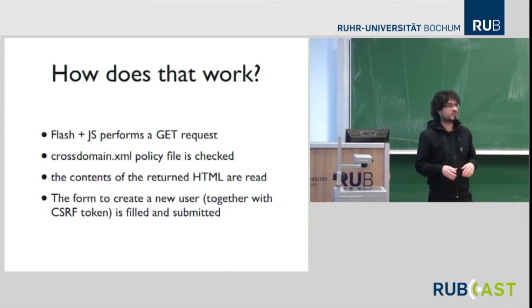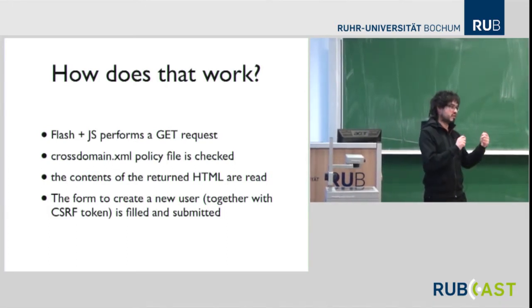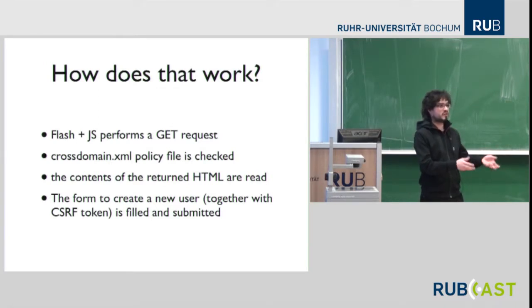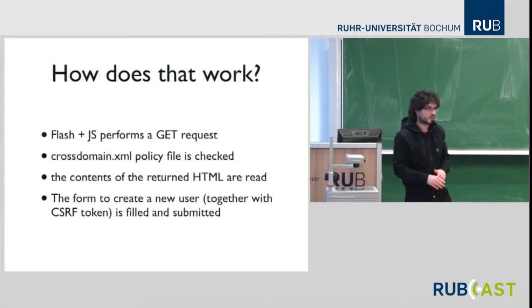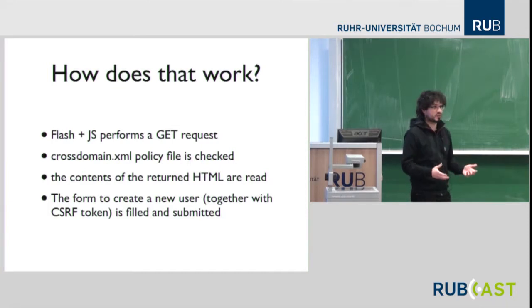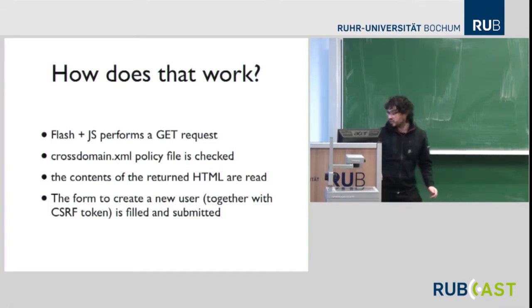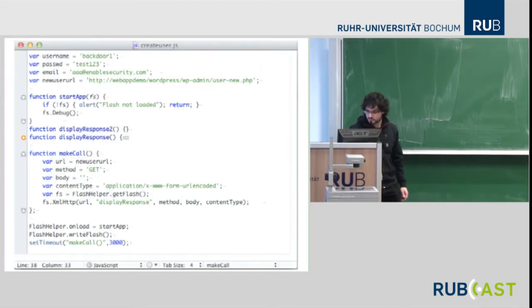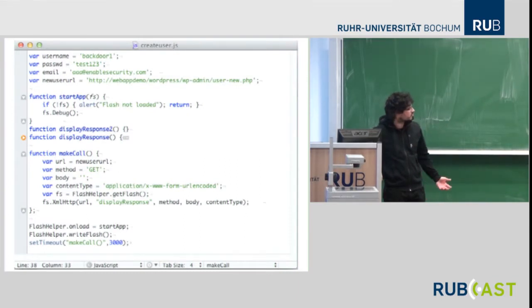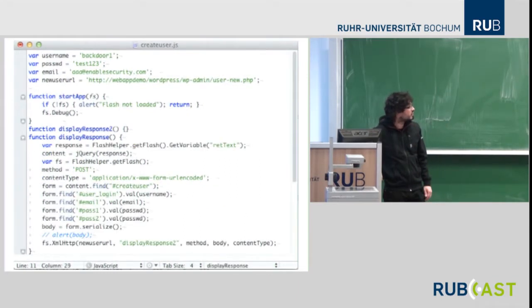However, the web browser of the victim first checks cross-domain.xml of the vulnerable website, and as soon as it sees that there's a match, that the attacker's website is allowed, because asterisk allows the attacker website to perform these actions, it runs these HTTP requests. So you have the GET request there, as similar to before, and the POST request.